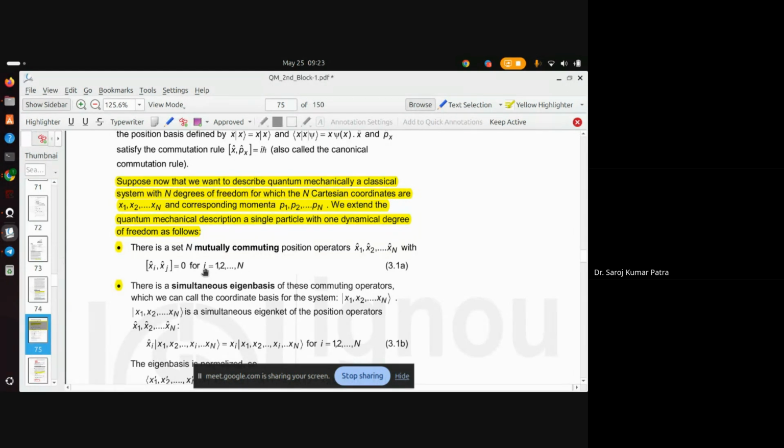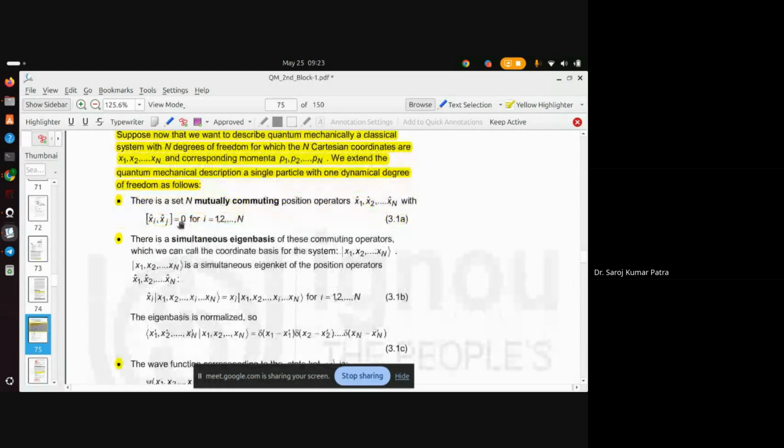So if we have a quantum system corresponding to a classical system with n degrees of freedom, the n Cartesian coordinates are x1 to xn and the momenta are p1 to pn. In quantum mechanics, we describe them by operators x1 cap to xn cap, with the condition that the commutator of xi cap and xj cap is equal to 0, meaning they mutually commute.